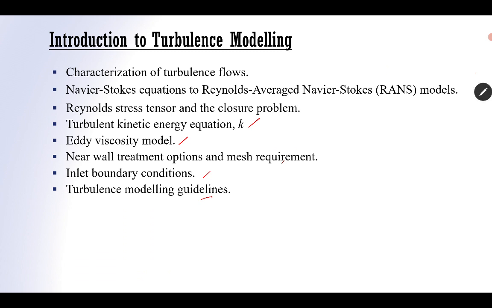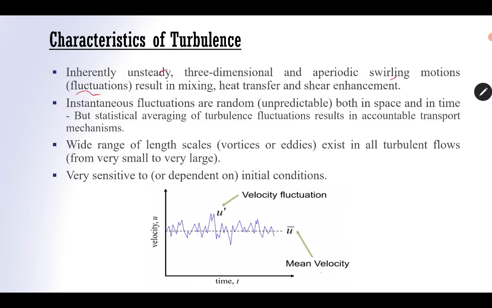We will look at the Reynolds stress tensor and the closure problem, turbulent kinetic energy, a little bit on eddy viscosity, near-wall treatment, and at the end we'll summarize with the guideline of choosing the turbulence model in our simulation.